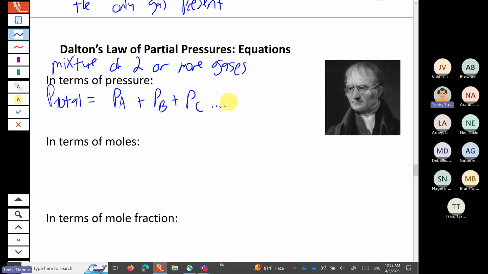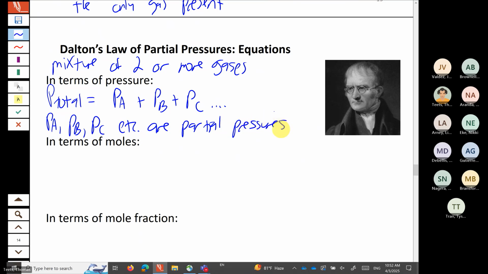That's one formulation of Dalton's law, a very simple one, where again, these PA, PB, PC are what are called partial pressures. That's the pressure of one of the individual components in the mixture. And if you know those partial pressures, you can just add them together to get the total pressure of the mixture.